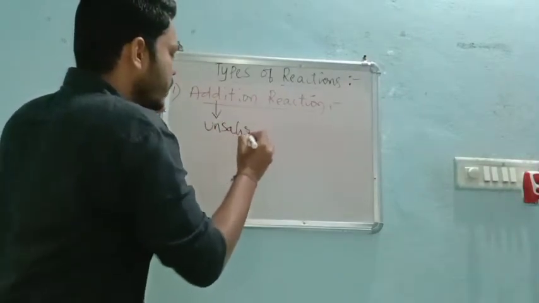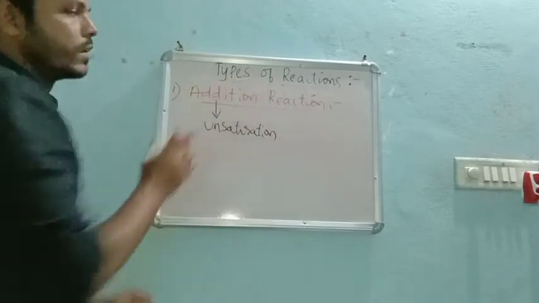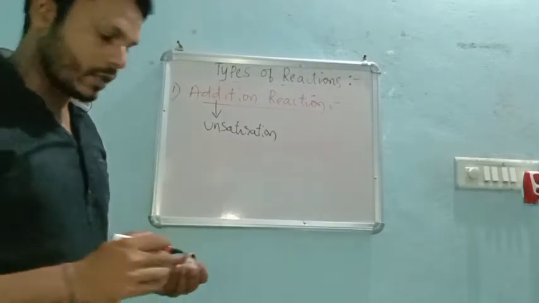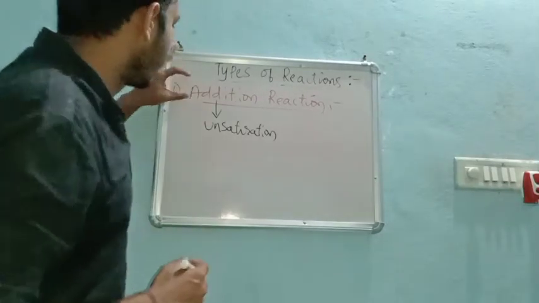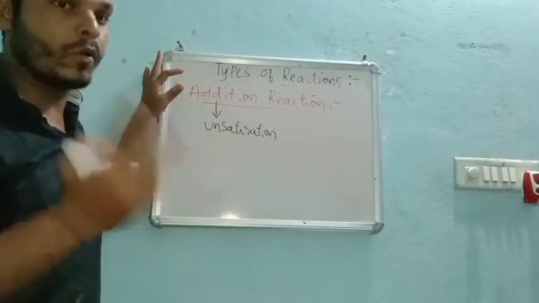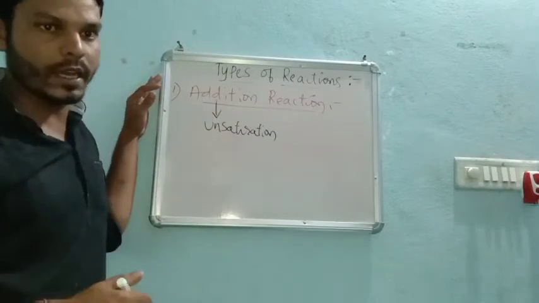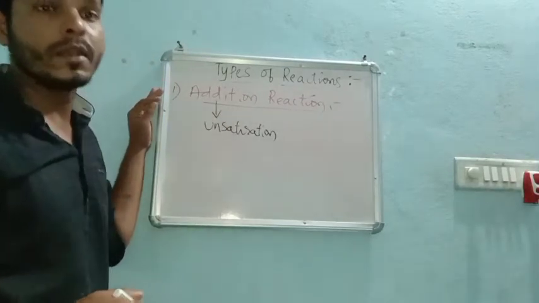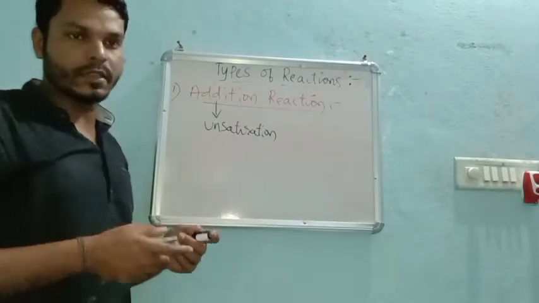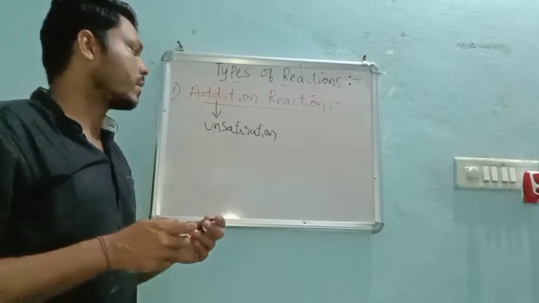Saturated compounds will not undergo addition reaction, because they are already saturated. So we can see addition reaction in unsaturation of both types, that is, in alkenes as well as alkynes. Alkene means double bonded carbon, and alkyne is nothing but a triple bonded compound.